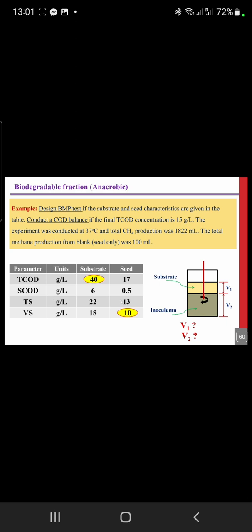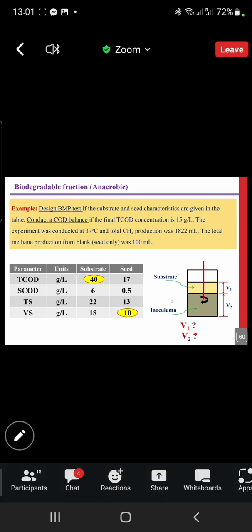You can just completely ignore them, because your substrate you're dealing with is in COD, and your seed does have some COD concentration, but we're mainly worried about the VS content, because your food to microorganism ratio must be in grams of COD per gram of VS. So first of all, we have to find out how much of the feedstock and how much of the microbes we've put in our BMP reactor.